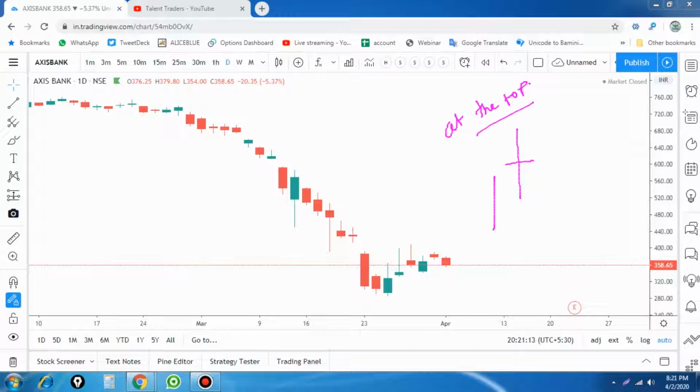If it forms at the top, we have the first candle and the second candle forming a long legged doji, and the third candle must be a downtrend candle, for example a red candle.